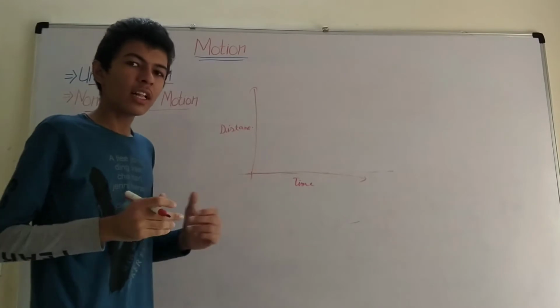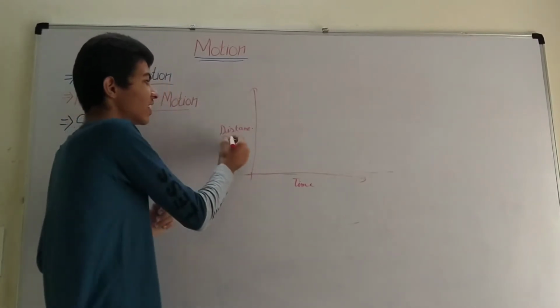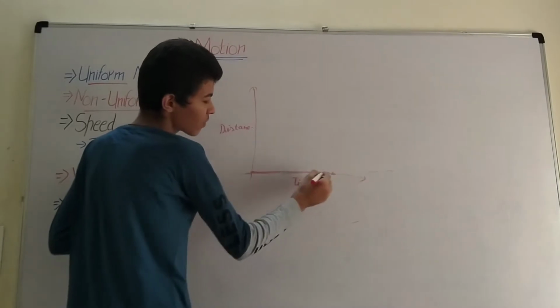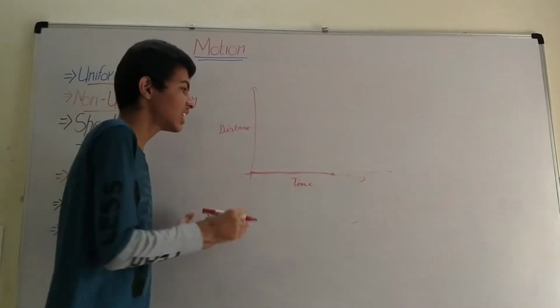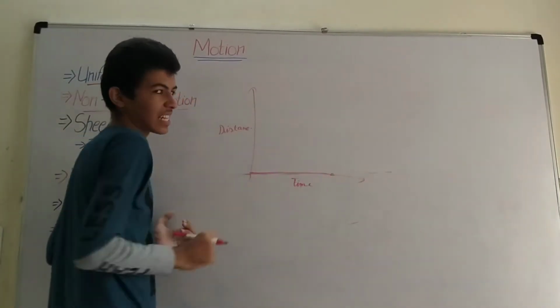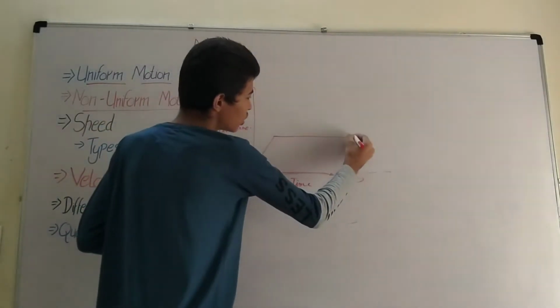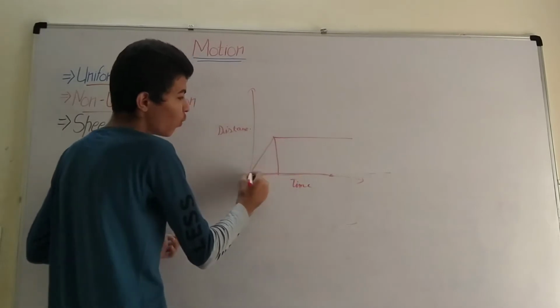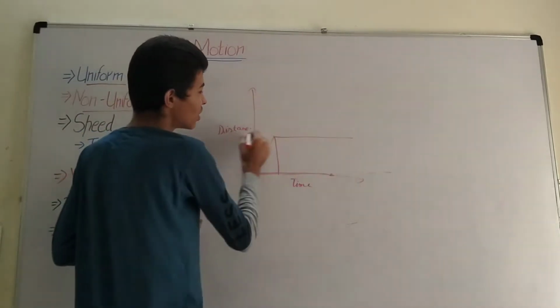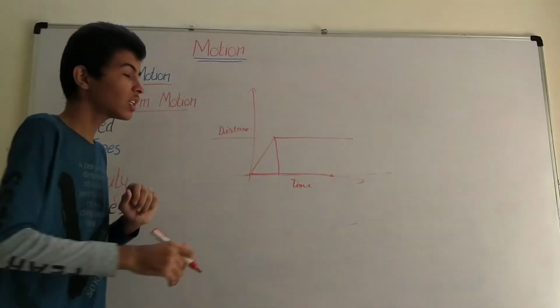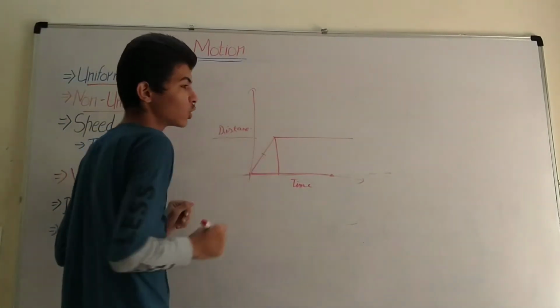First, let's see how the graph works. If the distance is not changing, if it has not traveled any distance, it would stay on the x-axis line. It has started moving and now it is not moving, so the distance is not changing, so it is at rest at this position and it was moving up to this position.